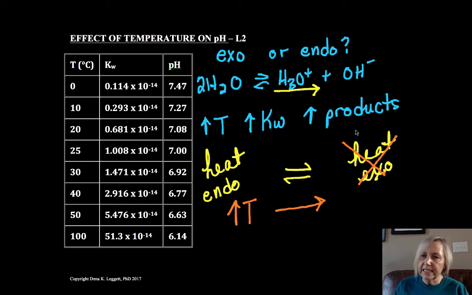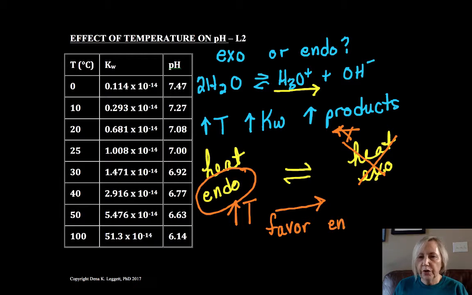If it had been exo, added heat would have shifted to make more reactant. It's not exo. That means we have an endothermic reaction. Increases in temperature always favor the endothermic direction. So in this case, it would be endothermic in the forward direction rather than exothermic in the forward direction.